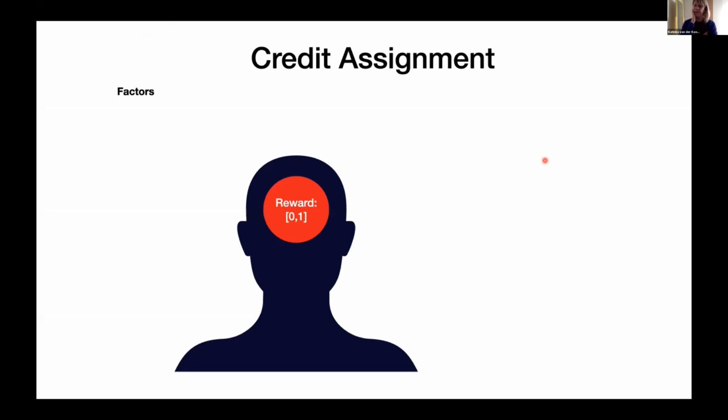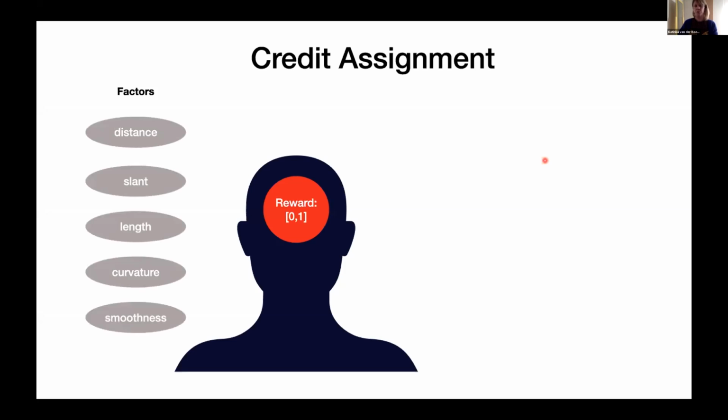When we have the binary reward feedback and many factors that can contribute to the reward, what you could do is solve a credit assignment problem. For instance, in the extreme case where only errors in slant would contribute to rewards, you could find out that this is the main factor to explore and only add variability in this factor.